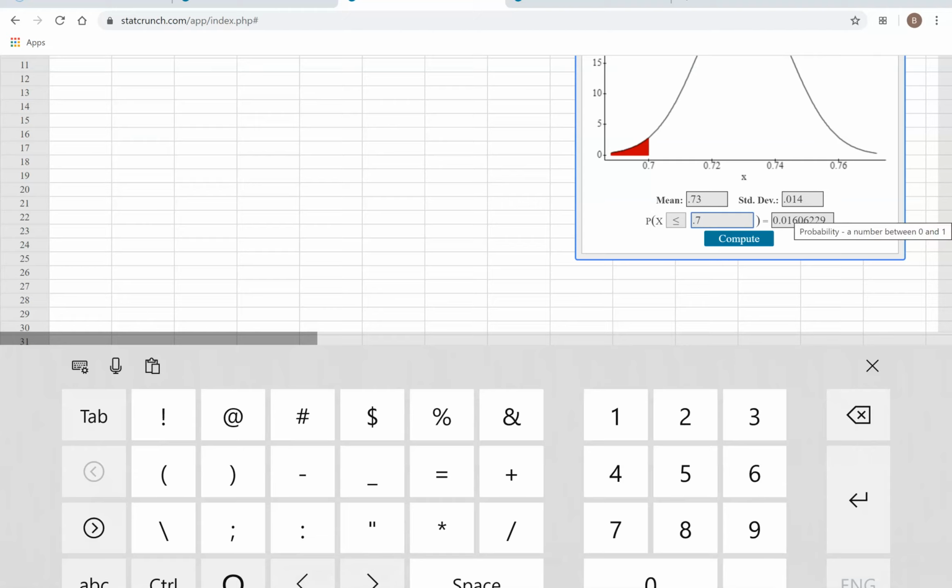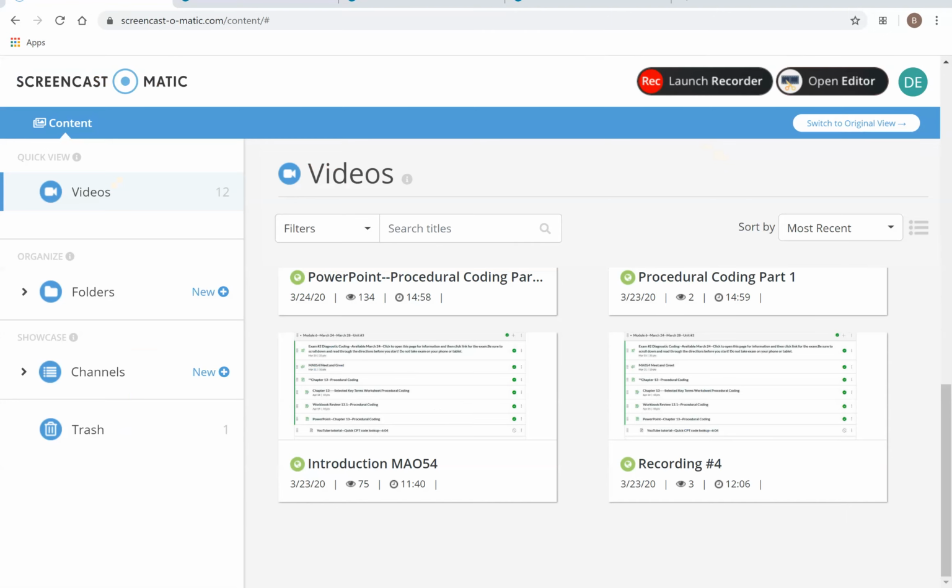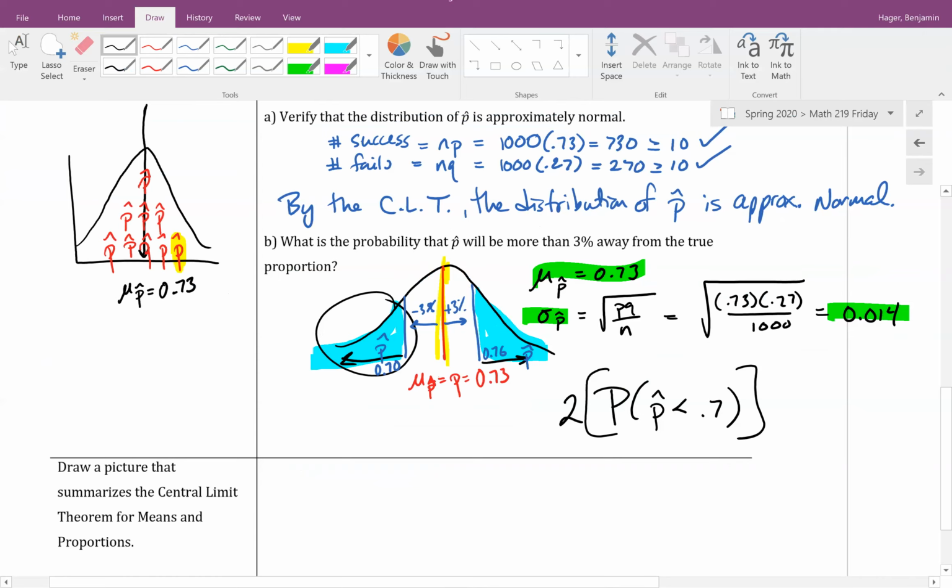That is 0.016. Okay, so let's go back to the notes. This is 2 times 0.016, so that would be 0.032. This is the probability that p hat will be more than 3% away from the true proportion.